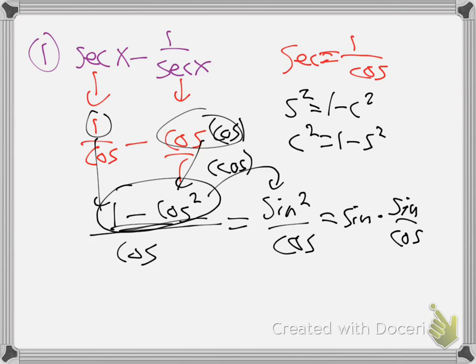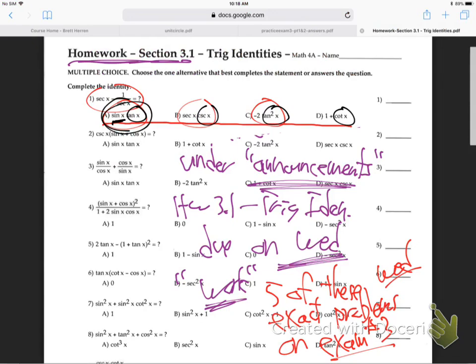Everybody see this is the same as that? Because sine alone is over 1. Sine squared over cosine is the same thing. And what's sine over cosine? Tangent. So this is sine times tangent. There it is. That's answer A, isn't it? Sine times tangent.